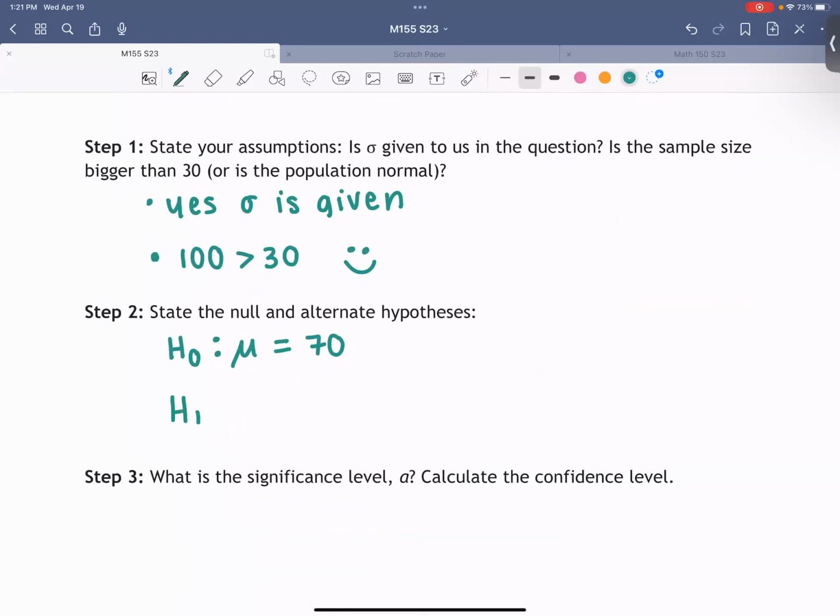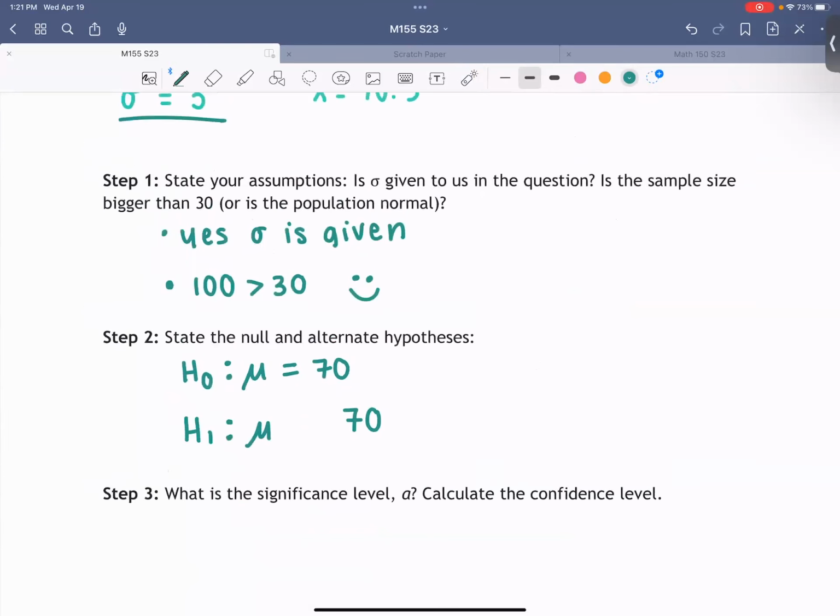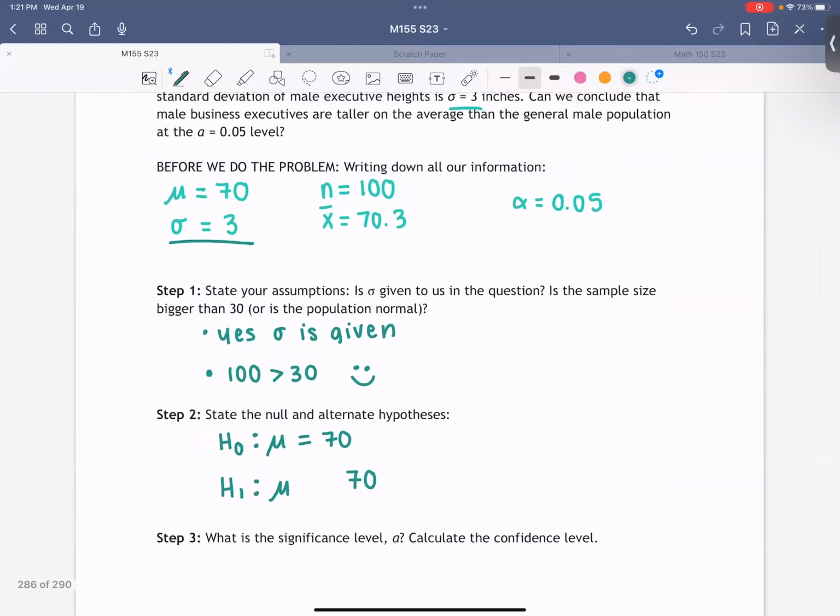H1 is the alternate hypothesis. Mu stays the same. The number actually stays the same. But are we using a less than, greater than, not equal to symbol? What do you guys think? Greater than. And why is it greater than?